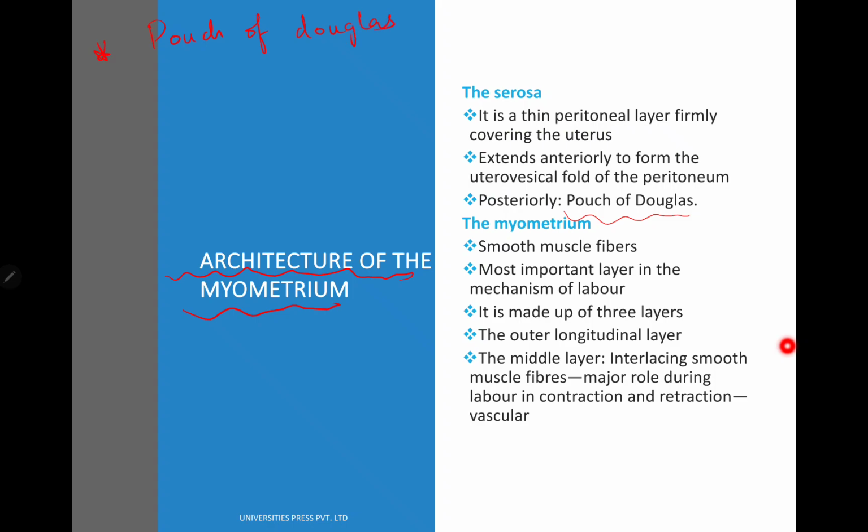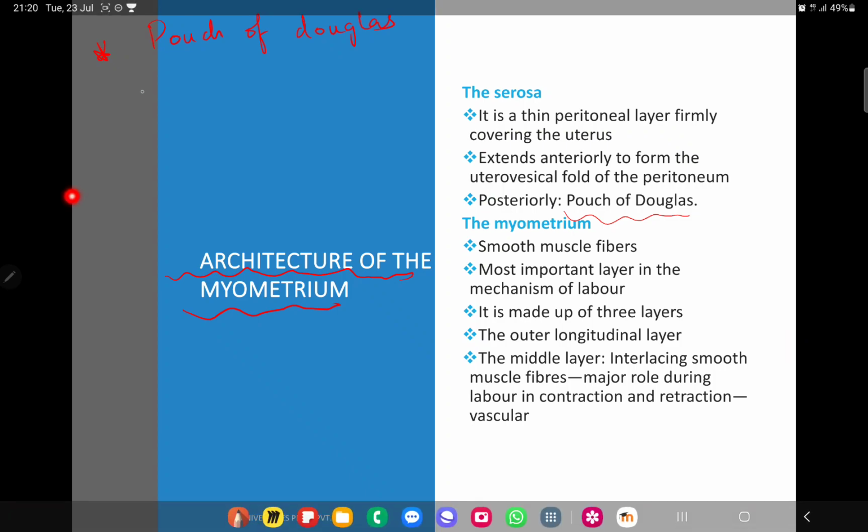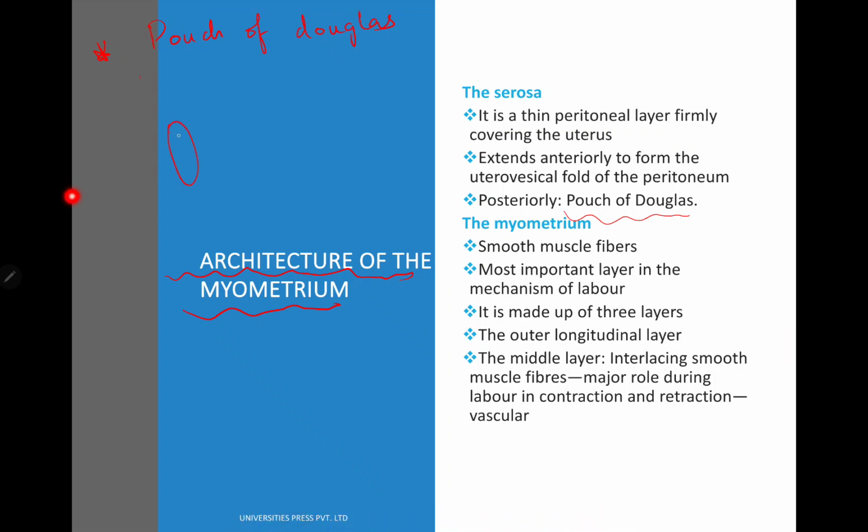So let me draw the sagittal section view, okay? This is the pubis, okay, guys? This is your pubis, and you have your bladder here. This is your bladder, and behind the bladder, what do you have? You have the uterus.